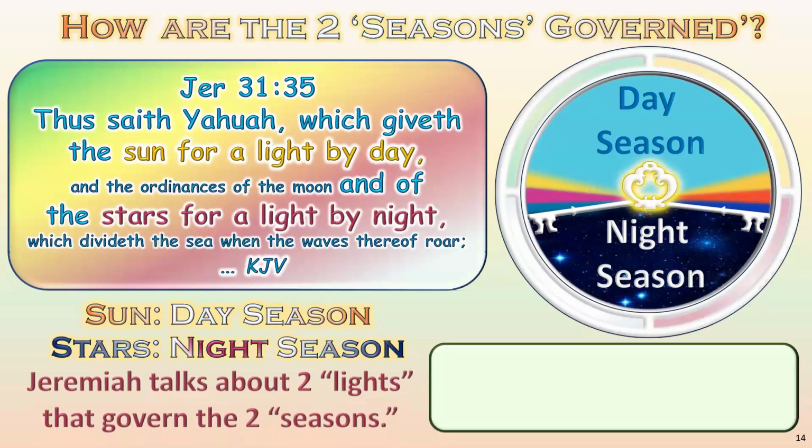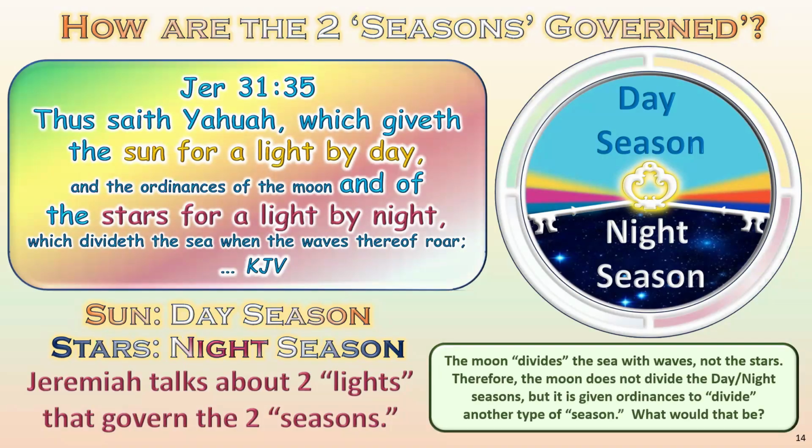So the sun is given for the day season. It divides the day season. And the stars are the ones that divide the night season. Jeremiah talks about 2 lights that govern 2 seasons. The moon, he says, divides the sea with waves, not the stars.